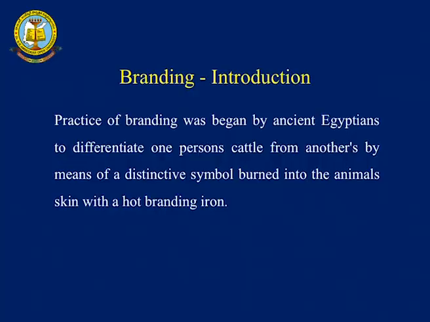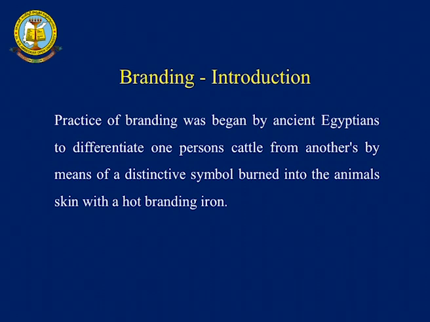After we have learned packaging and labeling, dear students, let us try to understand what a brand is and what branding is. Earlier, there was a practice of branding. It began very long ago with the ancient Egyptians, who had to differentiate one cattle from another. So, in order to differentiate one cattle from another, a symbol was burned onto the animal.